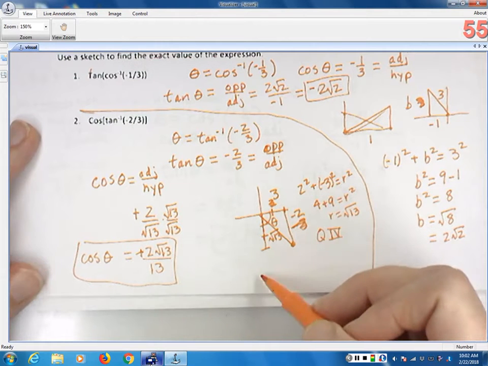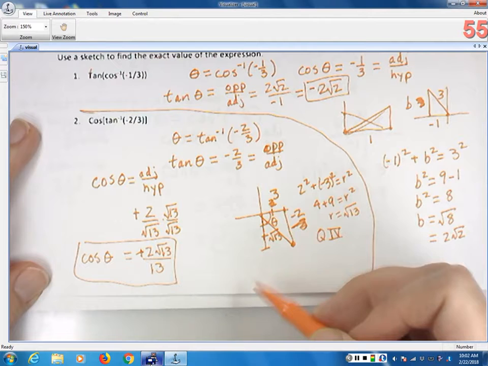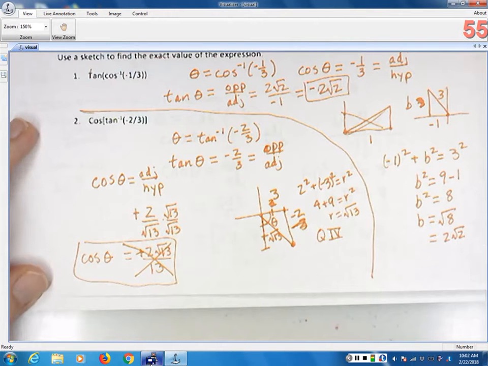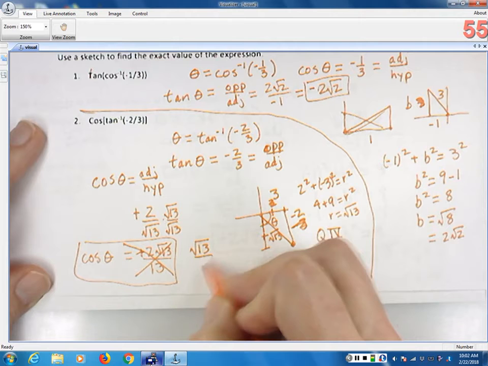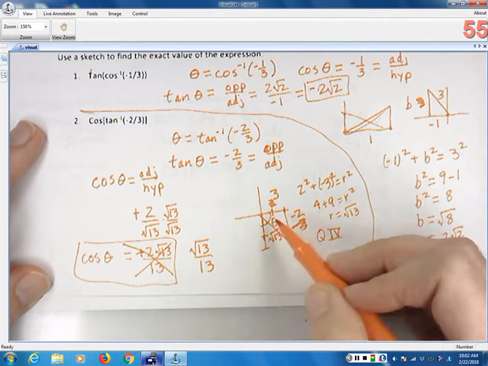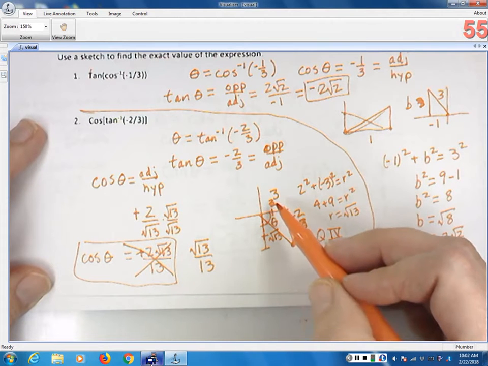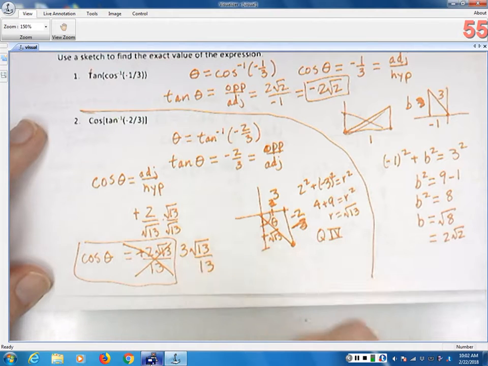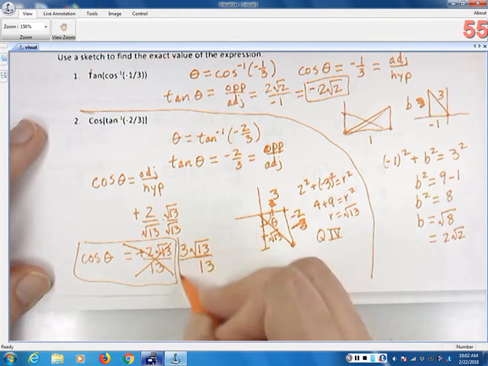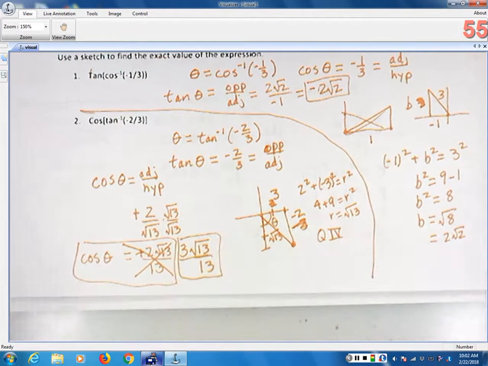So that changes the answer, and then this is wrong. Then cosine is 3 over square root of 13, so 3 square root of 13 over 13. Yeah, I got the wrong answer. I had my picture wrong, sorry guys.